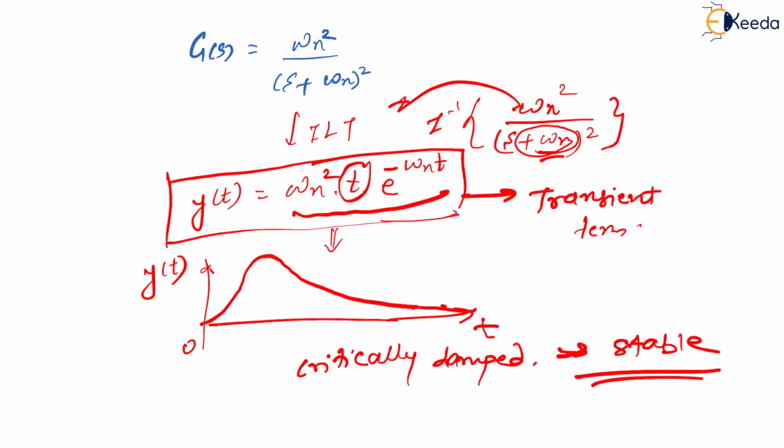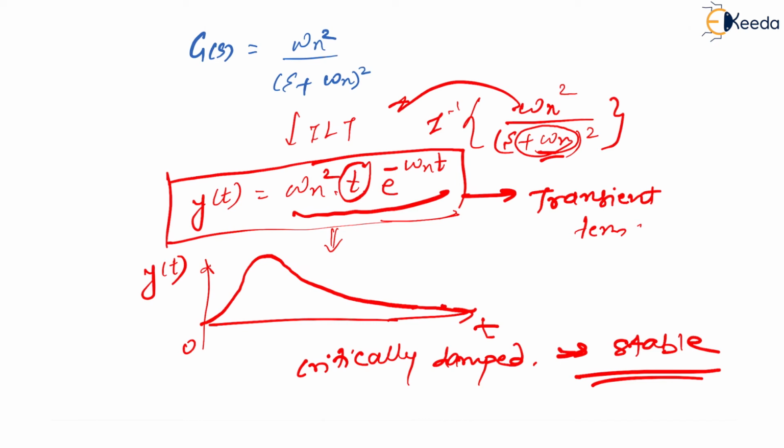Is that correct? Now, if you check one observation, what is that observation? Oscillations came only when we had complex conjugate poles or not. Yes. When we don't have complex conjugate poles, we don't have oscillations. Correct? This is just a thing which we have observed.